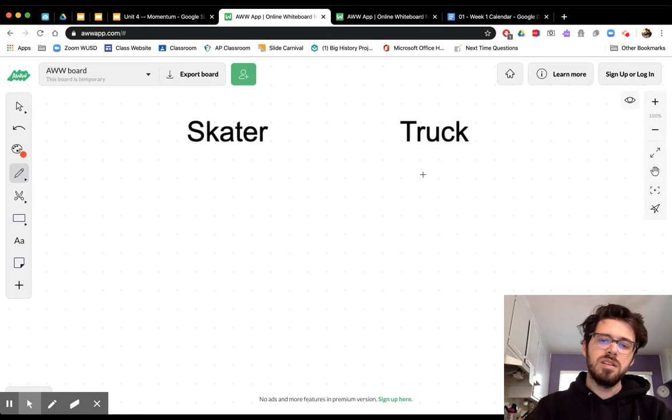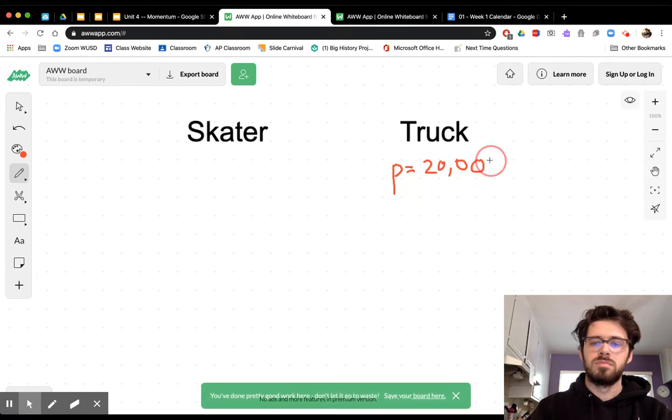Bear with me on the virtual whiteboard format because I'm still a little new to this, but let's say that the momentum of the truck is equal to 20,000 kilograms meters per second.